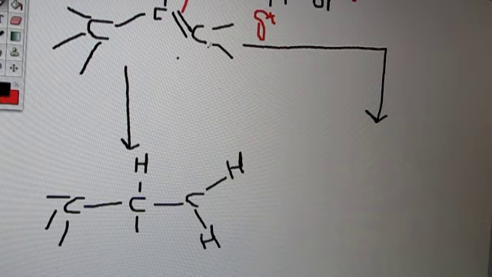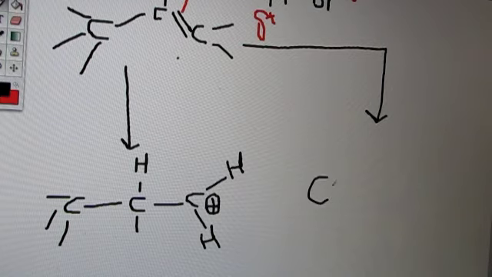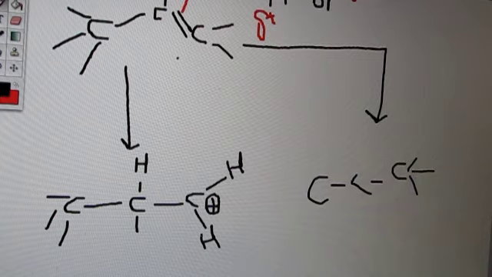So now that this carbon has lost an electron, it has a positive charge here. And I'll just quickly draw the other product which can form, which is where the hydrogen is on this. So now this has three hydrogens, and the hydrogen from here, and a positive charge, because it's missing an electron.